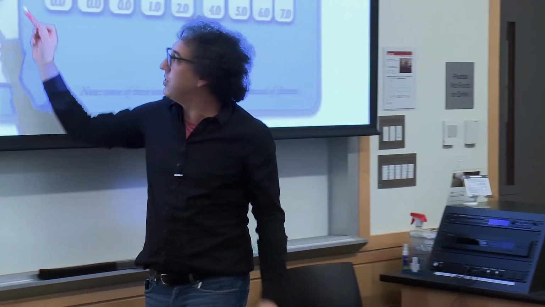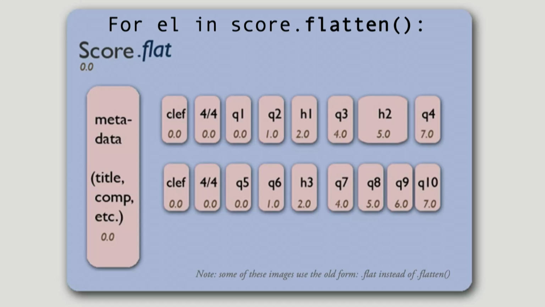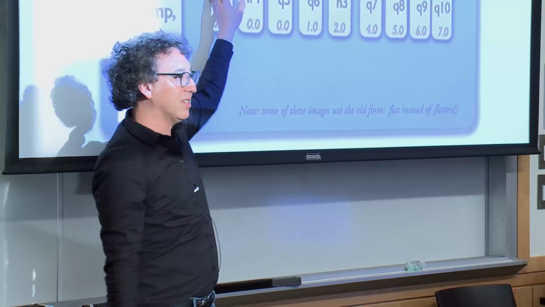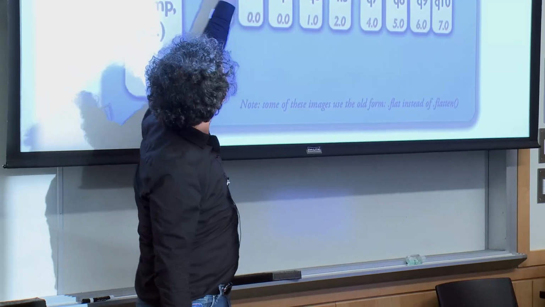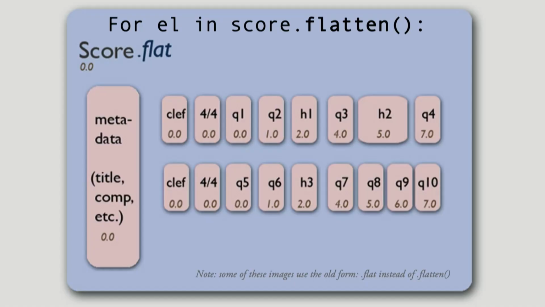Flatten. And what flatten does is it gives you the option of doing everything first that's at the same offset. I think I have an animation on this. The metadata again, we get one clef, next clef, both the time signatures, everything that's at the same point.